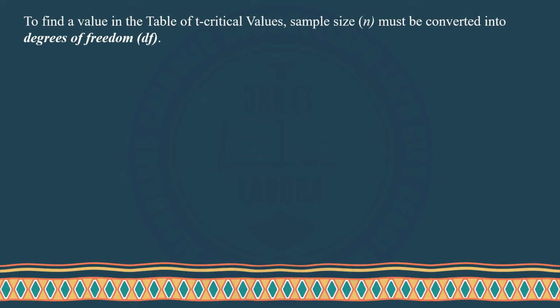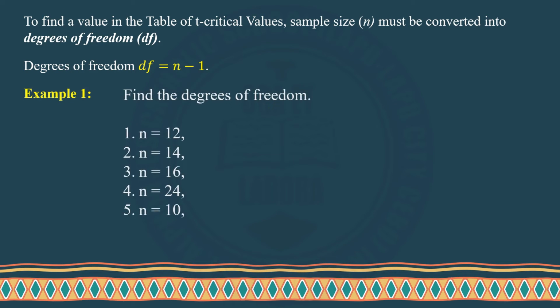To find a value in the table of t critical values, the sample size must be converted into degrees of freedom. So we have this solution to get the value of the degrees of freedom, which is df is equal to n minus 1. For example, find the degrees of freedom of the following sample size. For n is equal to 12, we will just substitute in the formula for the degrees of freedom, which is n minus 1.